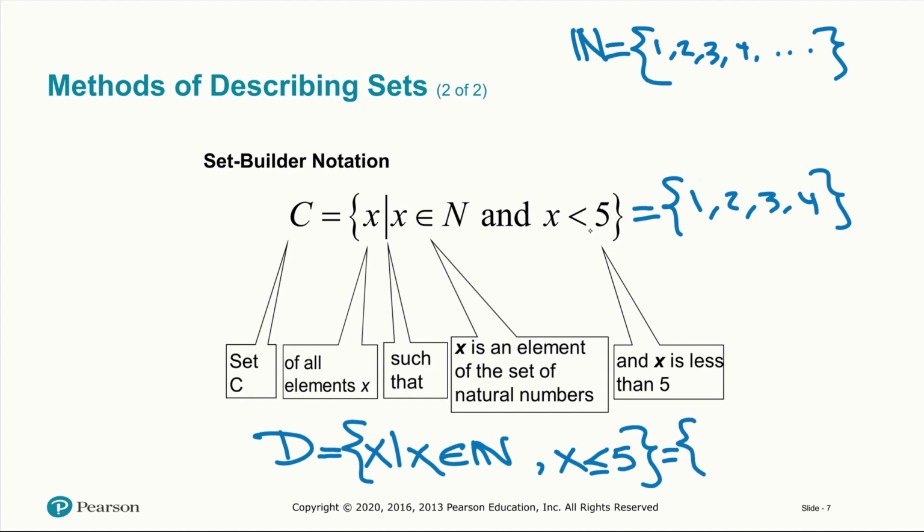This would have one more element. It would have 1, 2, 3, 4, and 5 in it, because we're interested in all natural numbers that are less than or equal to 5. So this time 5 is included in the set.